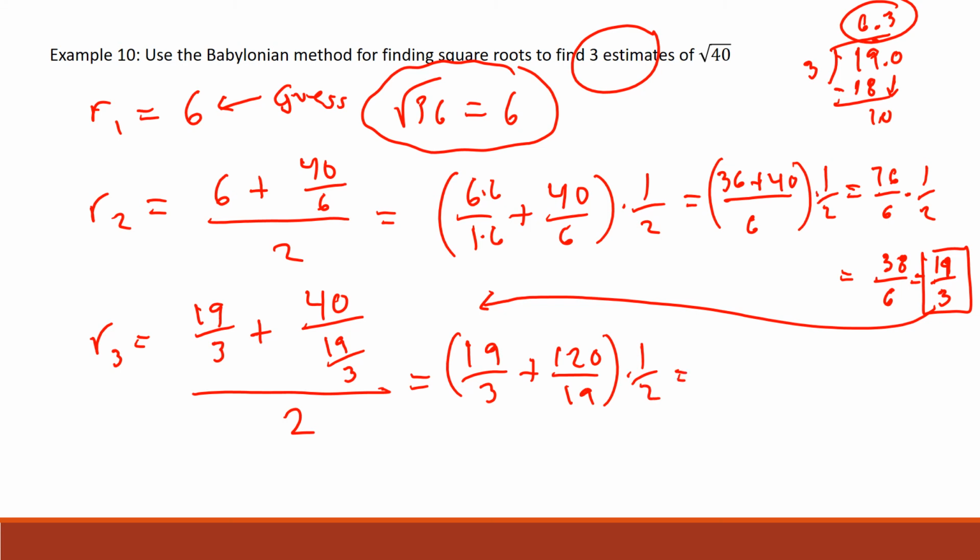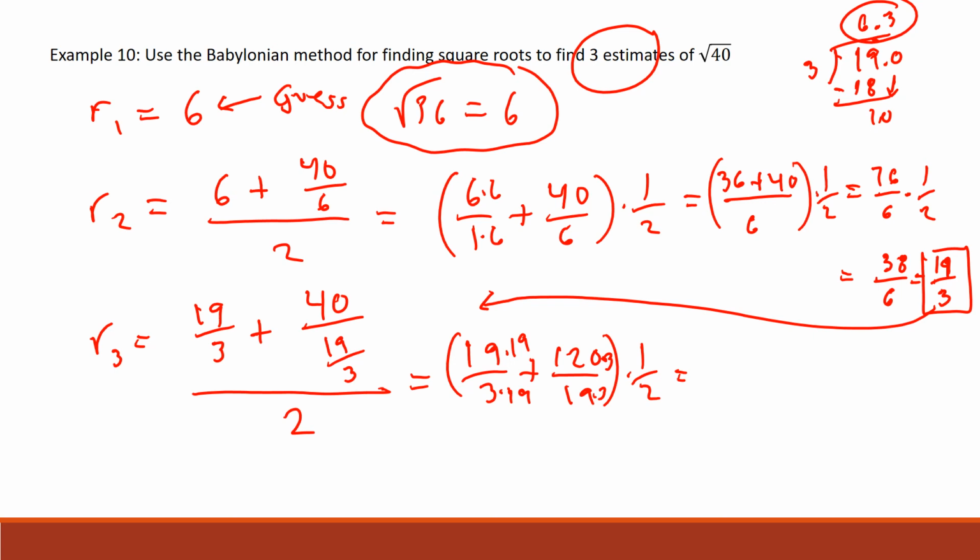Now we're going to need to find a least common denominator. So we're going to multiply this one by 19. We're going to multiply this one by 3. I'm going to need a little calculator help here.